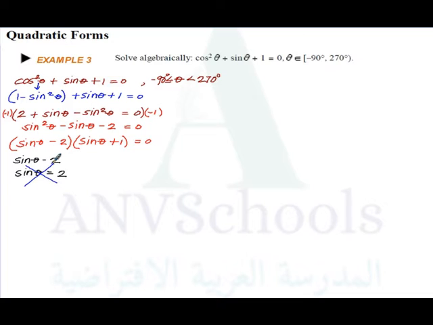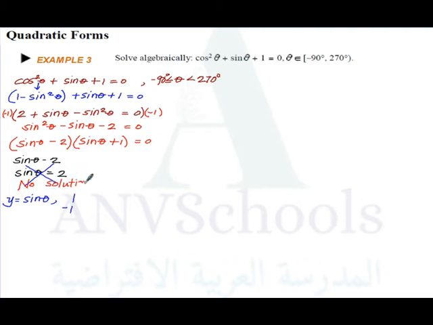The parent sine function y is equal to sine theta has the greatest amplitude at 1 and the lowest amplitude at -1. So there is no way that our sine theta could reach 2. Therefore, this is not included as a solution. So this crossed factor indeed has no solution.